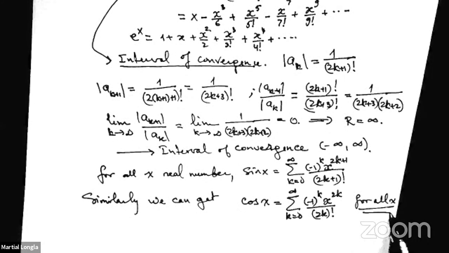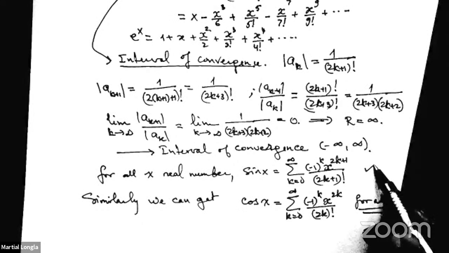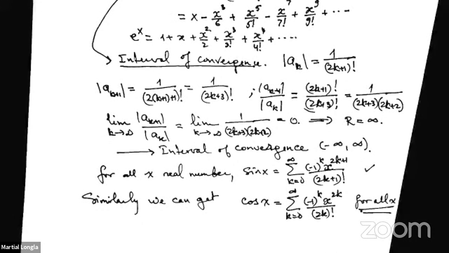We get this the same way as we did the previous one. We show that cosine x is equal to this, and that cosine x is exactly 1 minus x squared over 2 plus x to the 4th over 4 factorial minus x to the 6th over 6 factorial, and so on.